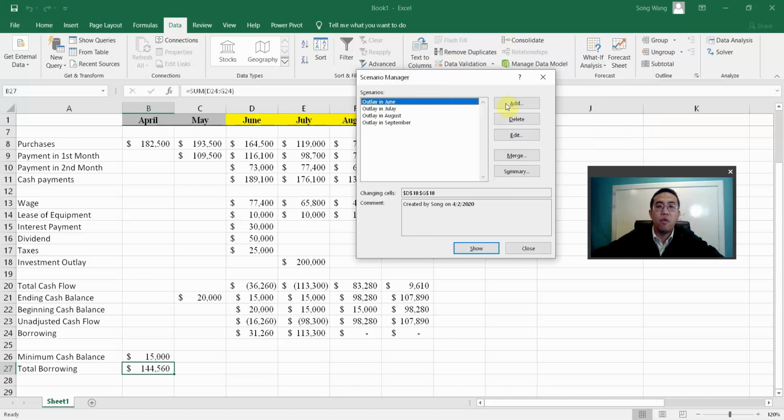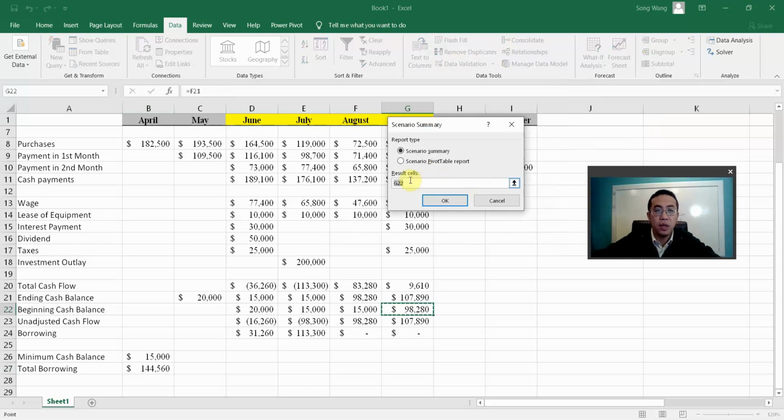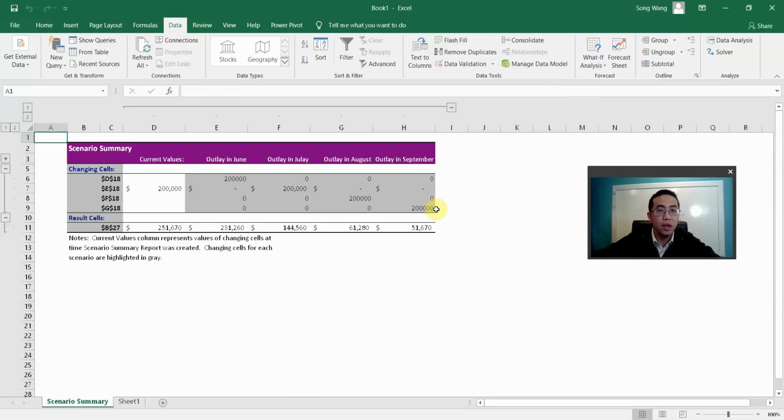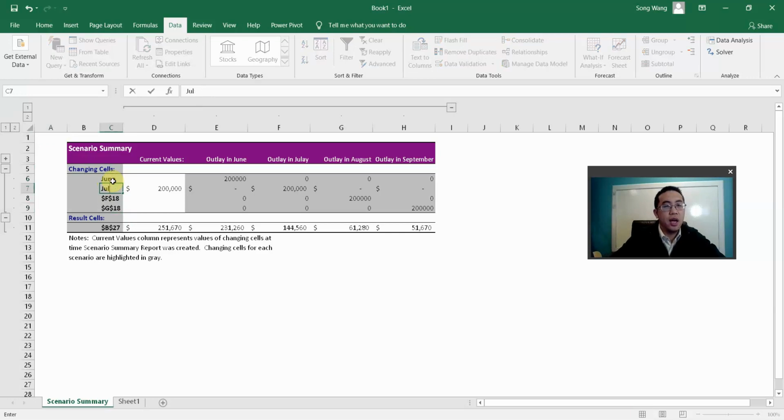So now you have 4 scenarios, and then you want to create the result table. You choose Summary, and you want the result cell to be this total borrowing. Then you click OK. Now a new sheet is created. For these 4 columns, you can just retype them as June, July, September. Sorry, my ordering is wrong.